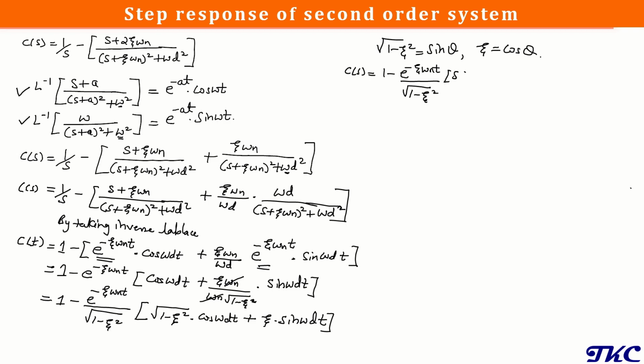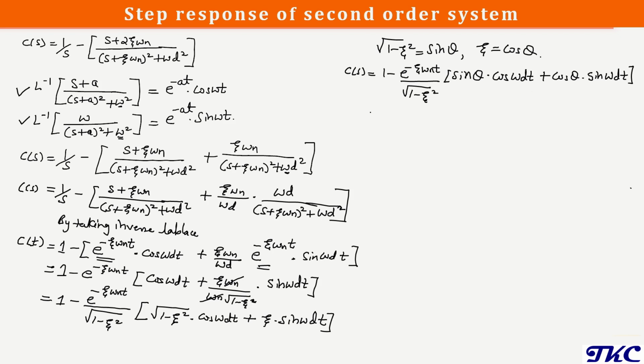In bracket we will be having sine of theta into cos of omega d t plus cos of theta into sine of omega d t. Now this bracket is having sine into cos, cos into sine, so we can replace this bracket with sine of these two angles.